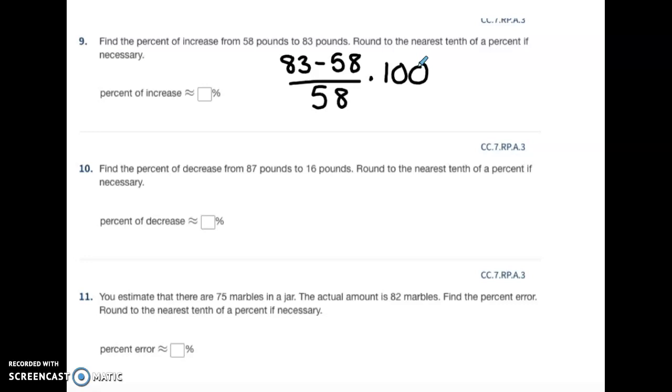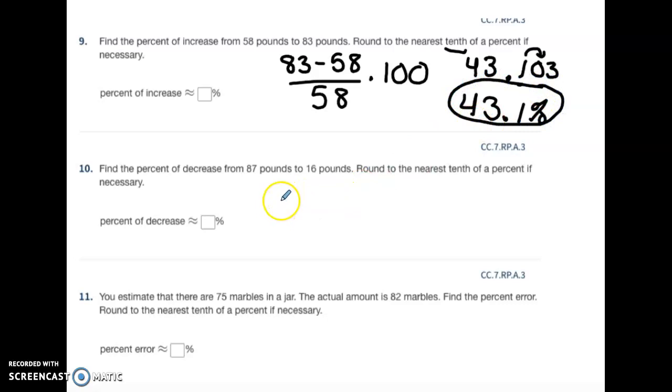First, you're going to do 83 minus 58 divided by 58 times 100. We get 43.103 and some more decimals, but we'll stop there. Now it says round to the nearest tenth. Tenth is this spot. So we look to the right. It's a 0. It stays the same. So 43.1%.